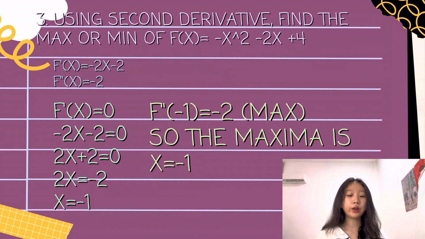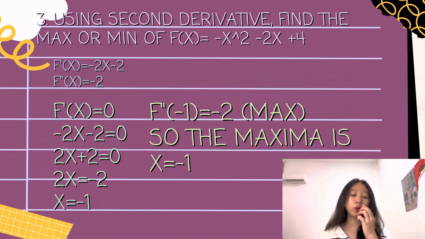Then the derivative of f'(x) is minus 2. Just like the same rule of the stationary point, f'(x) equals 0. Then minus 2x minus 2 equals 0. Then x remains minus 1.